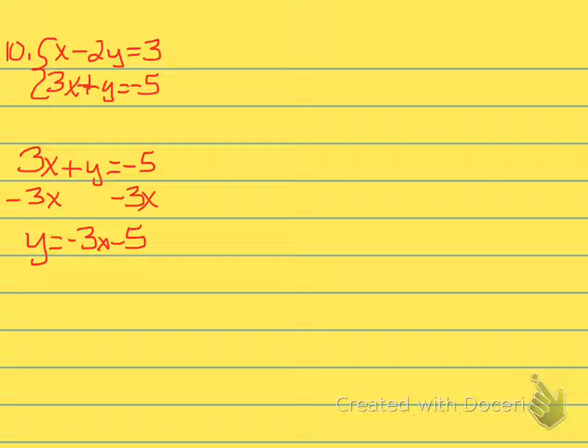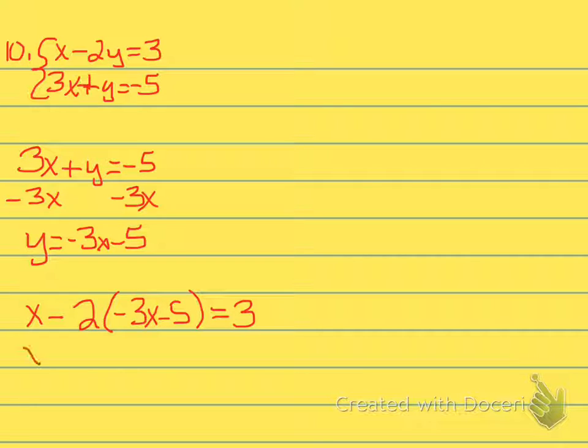Okay? So we're going to take x minus 2y, and for y, we're going to substitute in negative 3x minus 5. We're going to set that equal to 3. Okay?